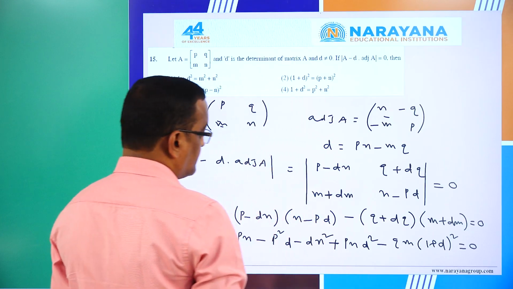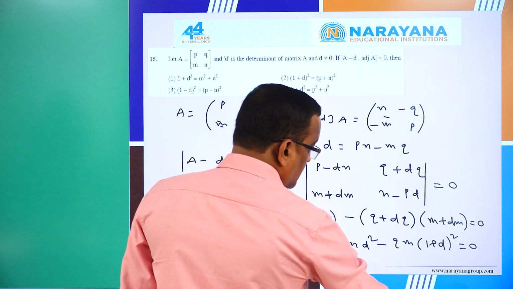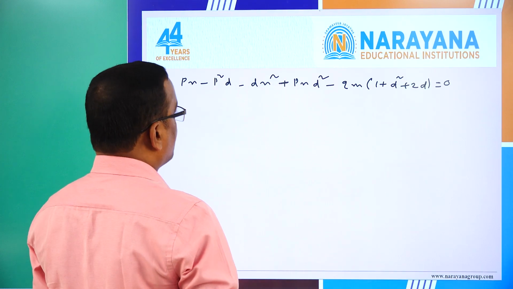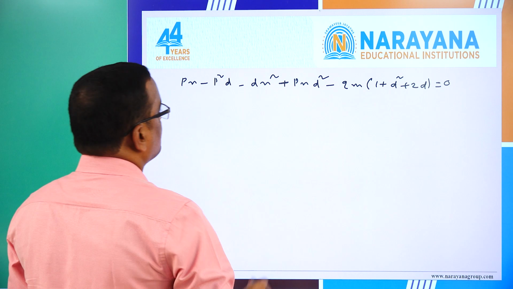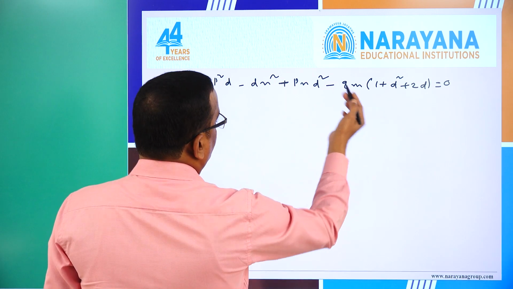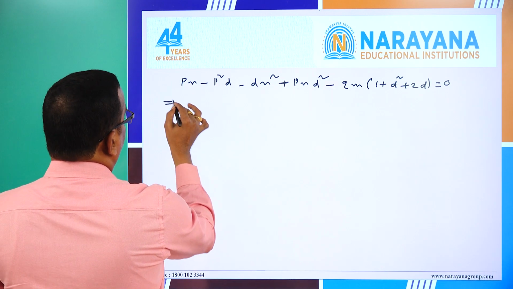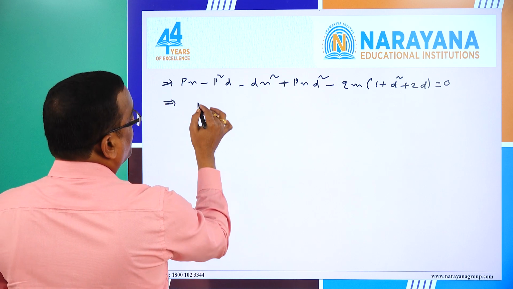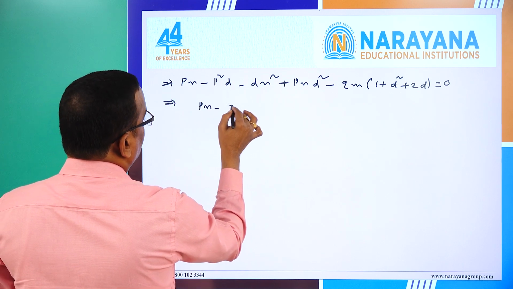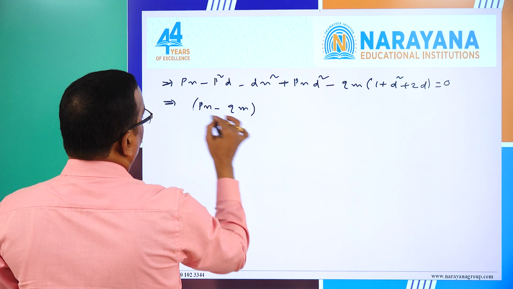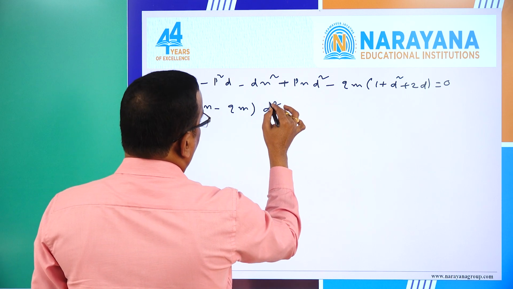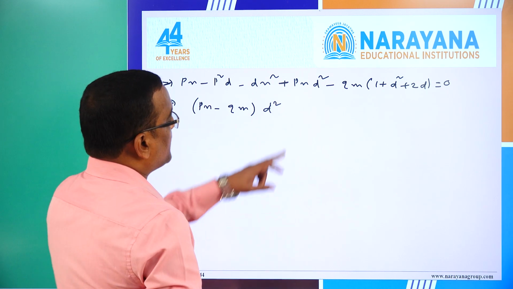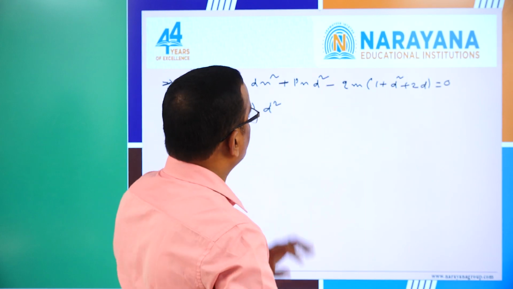Now separate D square terms. Here we have D square, here we have D square. This is Pn minus Qm into D square.